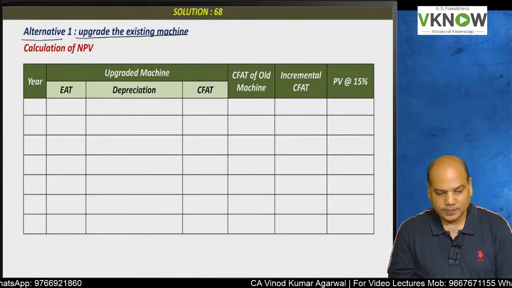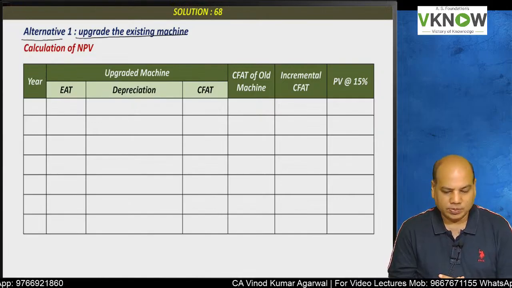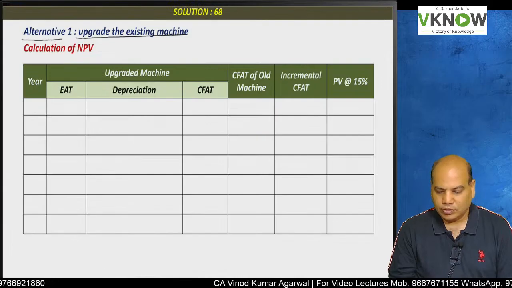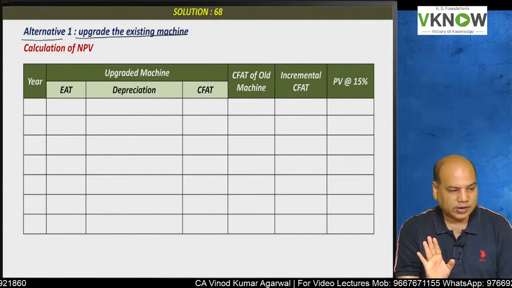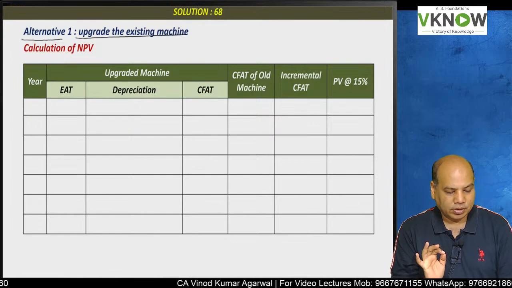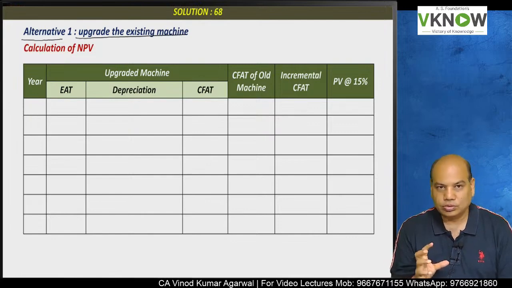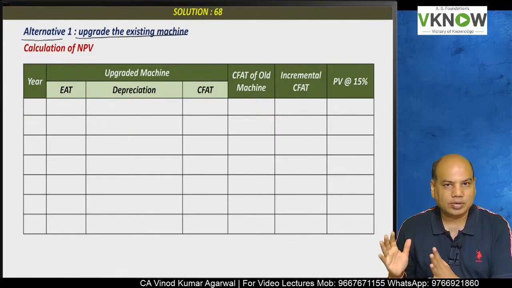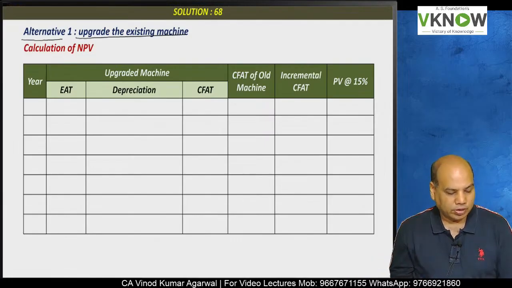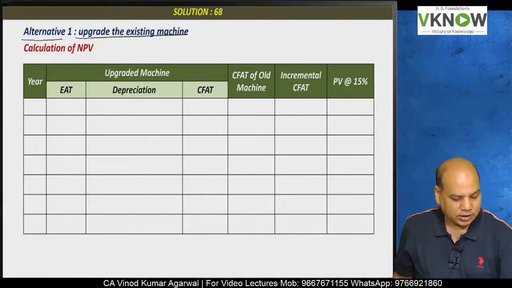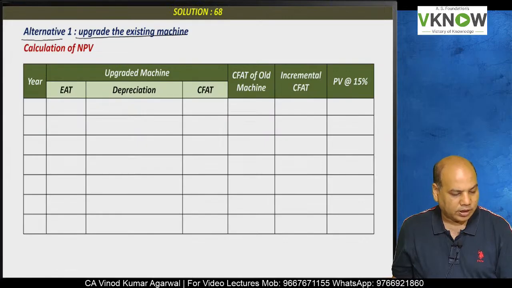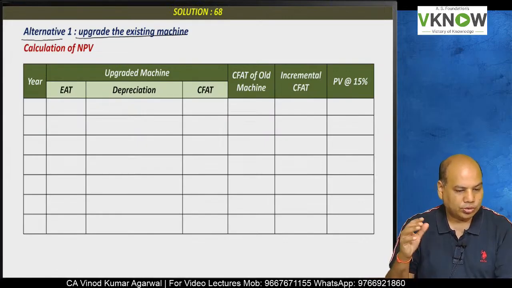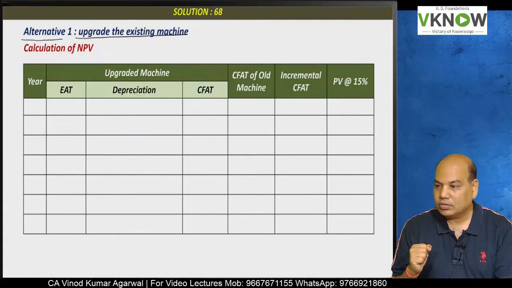Calculation of NPV. In one table we will solve, because in the exam we have limited time. So we'll have to find ways to cut short the time required to solve the problem. You will say the answer is given, but the answer is presented in a very lengthy format. I am going to show you how you can save time.